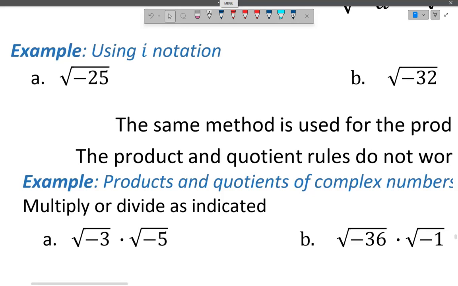We start by breaking it apart, and when we see a negative radicand, we immediately pull out that factor of -1. So we can split this as the square root of -1 times 25. Now, is 25 a perfect square? Yes, so we don't need to simplify it any further. We've got the square root of -1, which is i, and we've got the square root of 25.